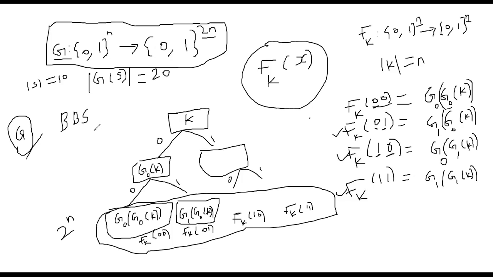It takes an n-bit number and gives us a 2n-bit number as an output. Okay, so I will be using this BBS generator as a black box in my demo to mainly focus on the construction of the pseudo-random function f at evaluated point x for a particular key k. Okay, that's my goal of the demo.